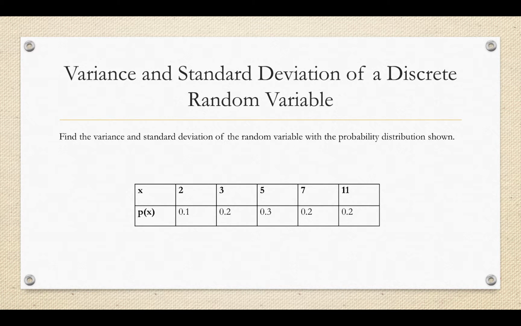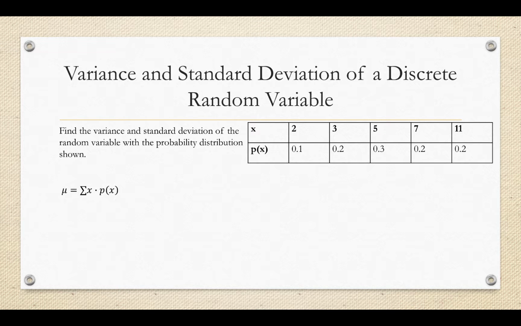We need to find the variance and the standard deviation of the random variable with the probability distribution shown. Let's first find our expected value. So to do that, we find the sum of all x values times their probability.